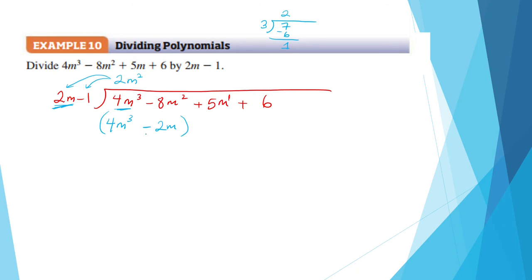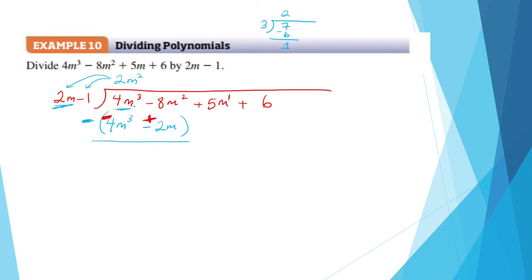Then we're going to subtract. I always put a parenthesis when I do the subtraction so that I know to distribute the negative. This negative is distributed here, so this becomes a negative, and this is actually a plus.